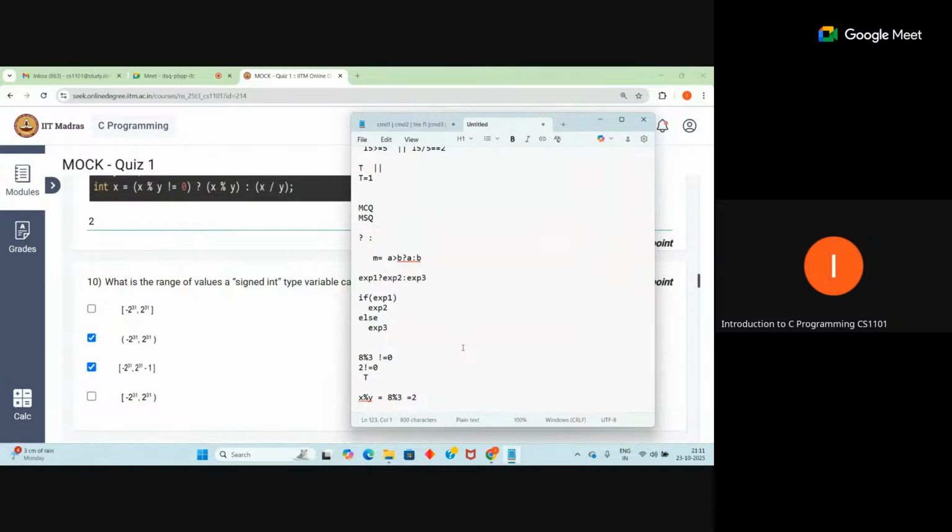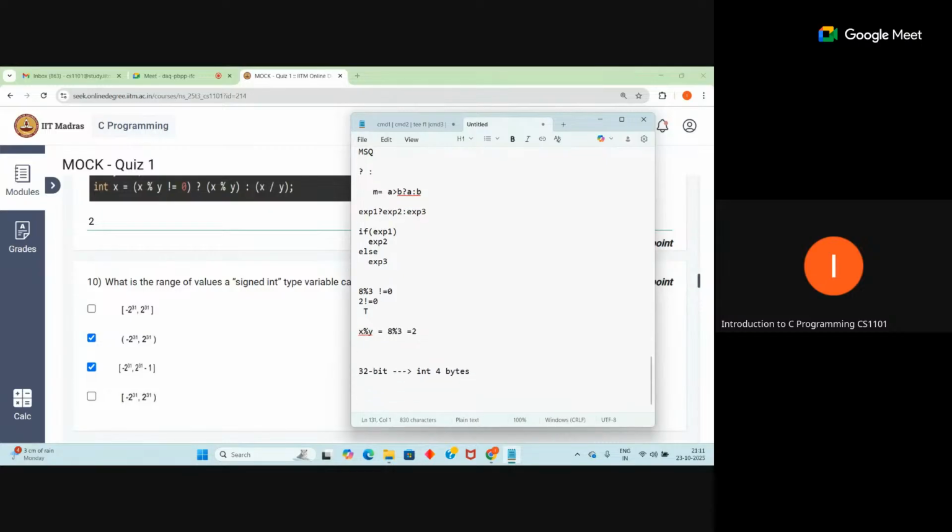32-bit architecture means your integer is 4 bytes of memory. 32 bits means 4 bytes. Your integer is taking 4 bytes of memory. For signed integer, signed means it should accept both negative values as well as positive values.